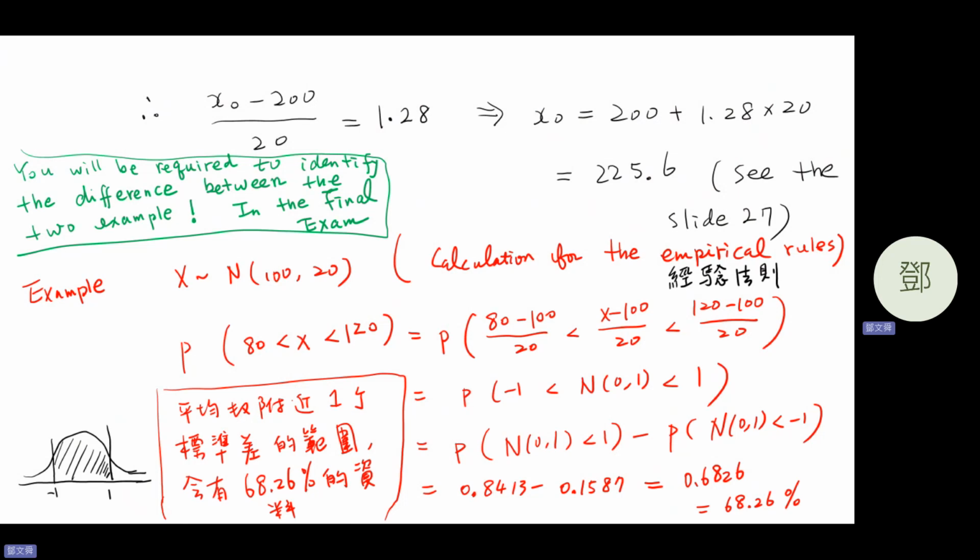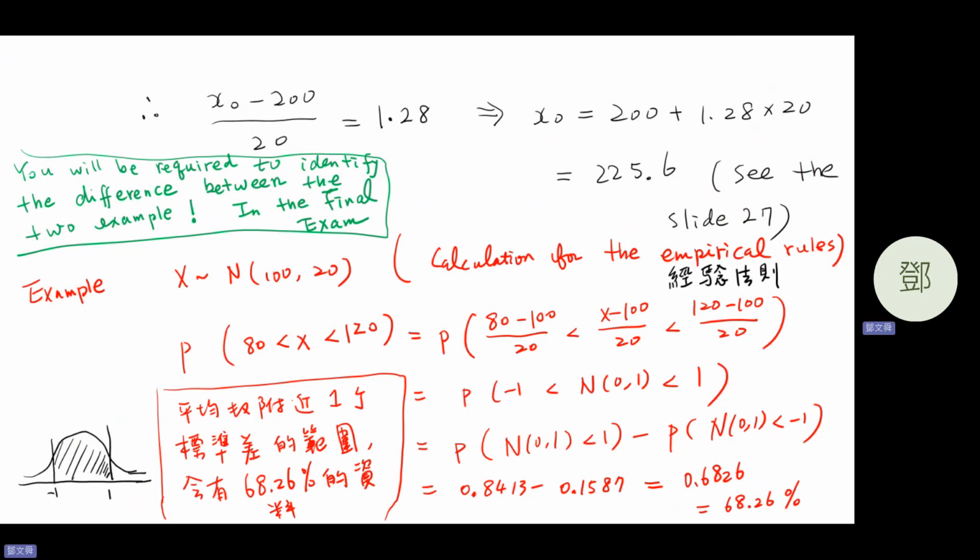Okay. So what is this? It is minus 1. And what is this? It is positive 1. What is the middle one? It is standardized, so it is the standard normal by the theorem. Understand? Okay. So now the area is available from the table.